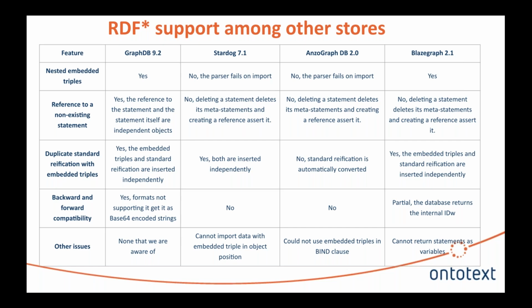And by the way, on referencing a non-existing statement, I would say that GraphDB is really the only store which fully implements standard reification in a more efficient way and according to its semantics.